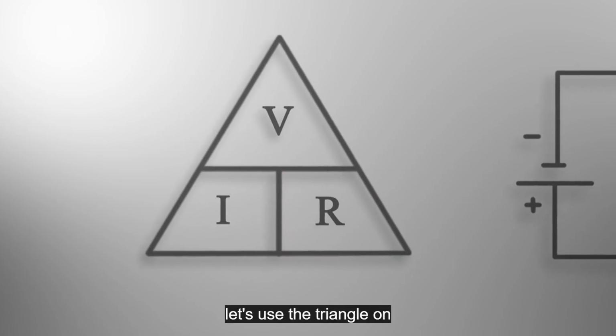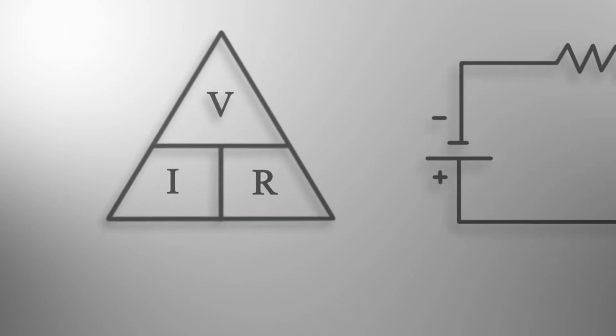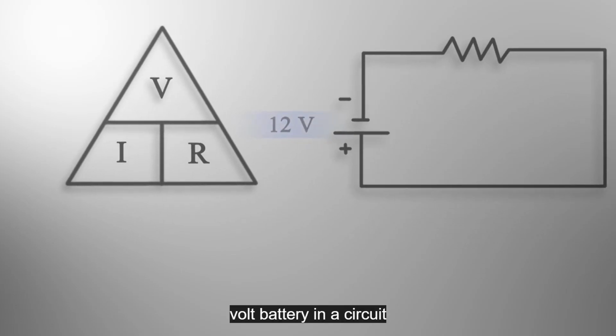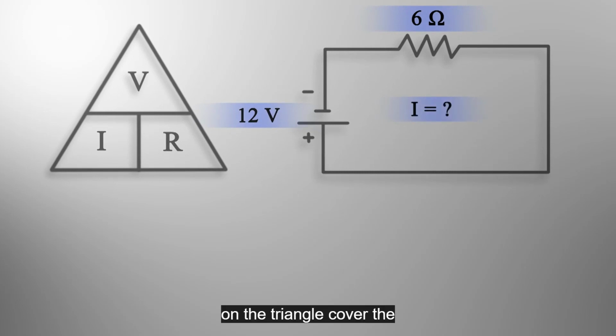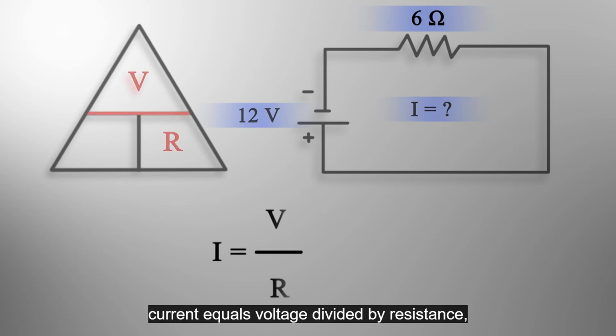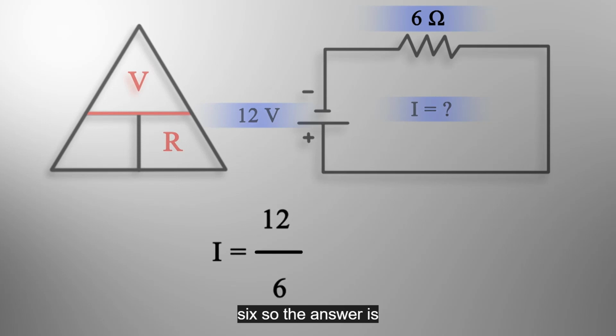Let's use the triangle on a couple of examples. If we have a 12-volt battery in a circuit with a 6-ohm resistor, how much current will flow? On the triangle, cover the current symbol to get the formula. Current equals voltage divided by resistance. Current equals 12 divided by 6, so the answer is 2 amps.